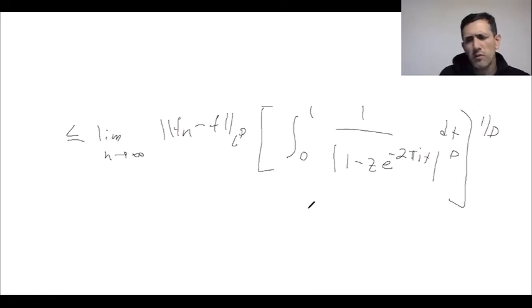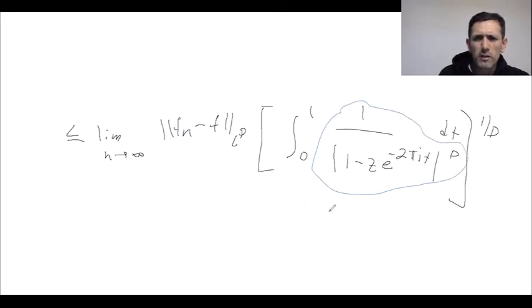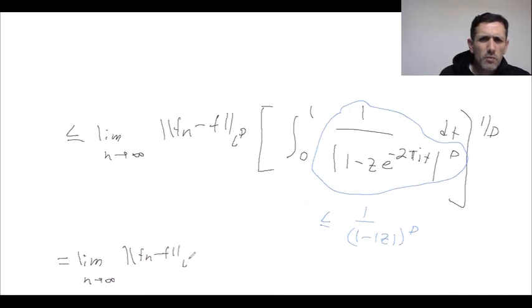We'd be in big trouble if we were. We're not doing any Hardy space norms. Just z is fixed. It's in the unit disk. So this whole thing here, by the reverse triangle inequality, is less than or equal to 1 over (1 minus modulus z) to the p. Integrate that from 0 to 1. So it's finite, this blue bit. And we know f_n converges to f, so this is 0.